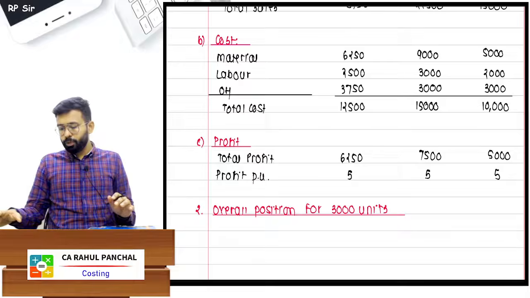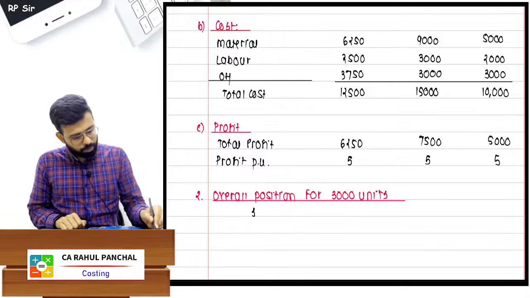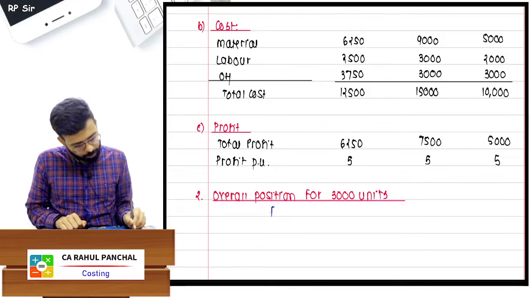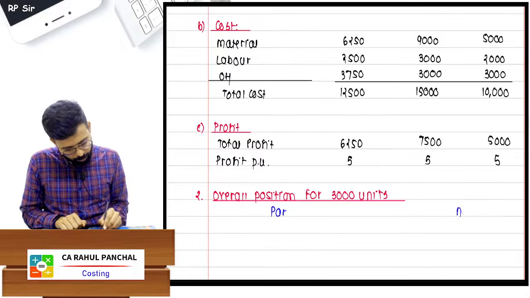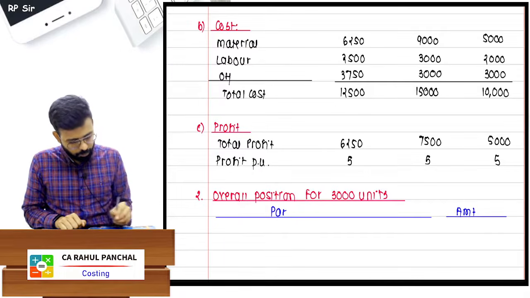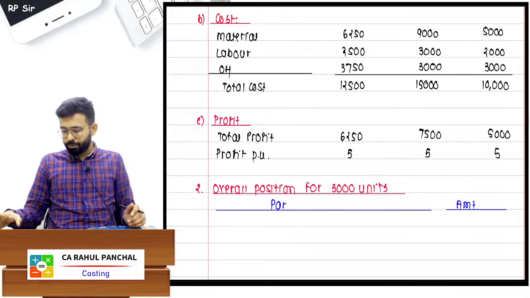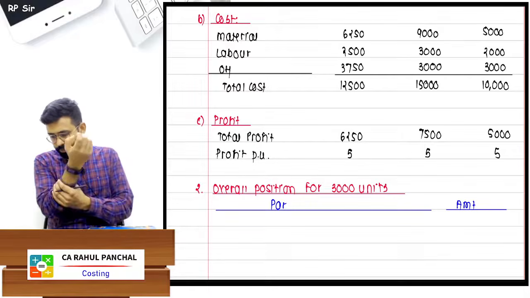So when I say overall position for 3,000 units, first of all, sales. Now understand.